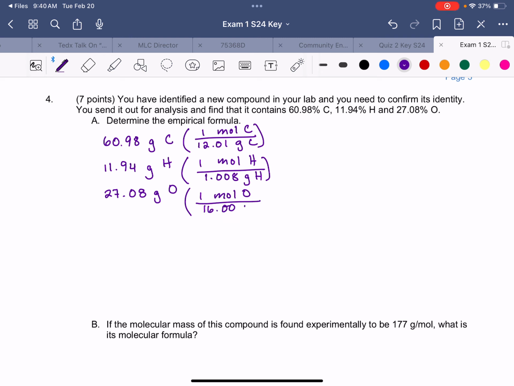So once we get these values, we remember that we're not planning to round them. I'm going to round them here, but in your calculator, you shouldn't.